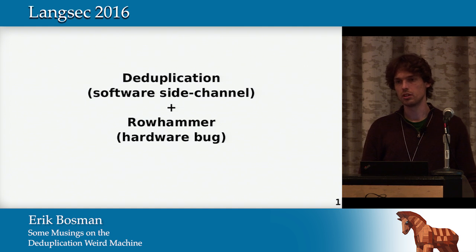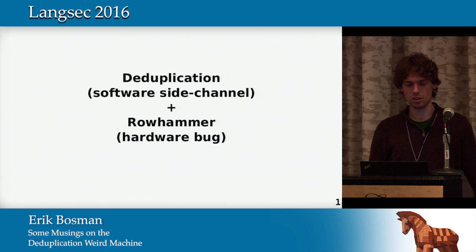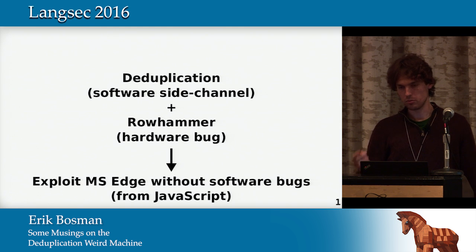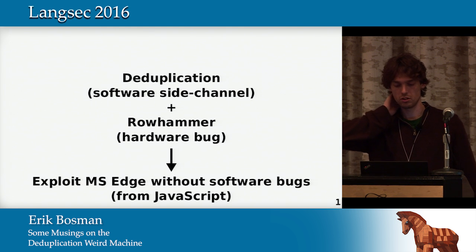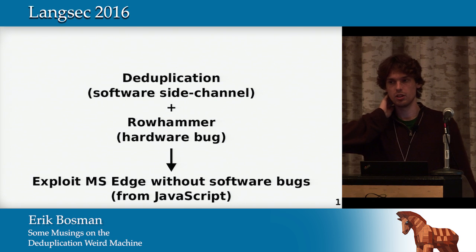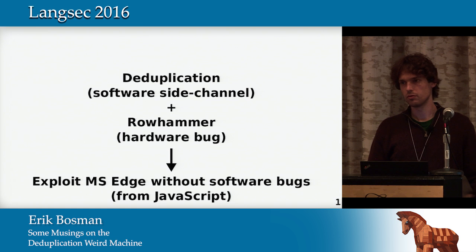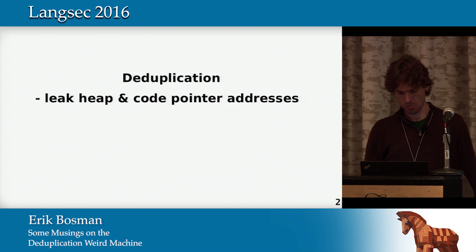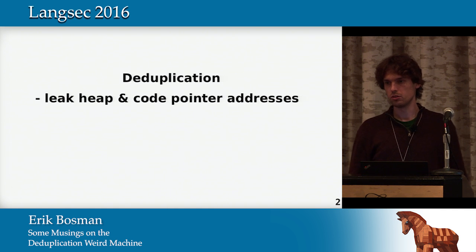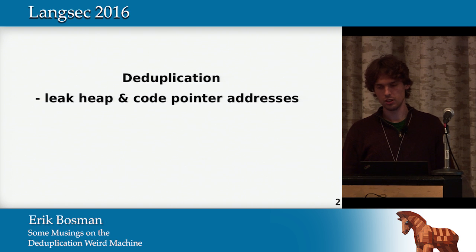So in our attack, we present a pretty reliable exploitation method to exploit Microsoft Edge from JavaScript using a memory leak that stems from the memory deduplication functionality in Windows 10.